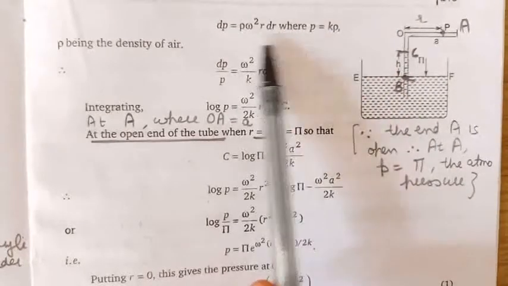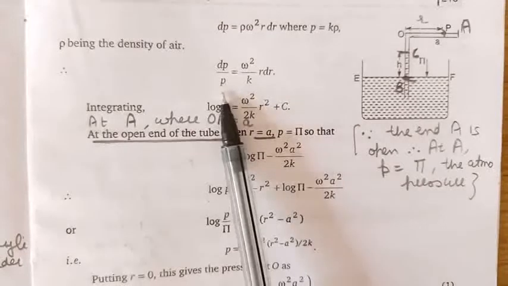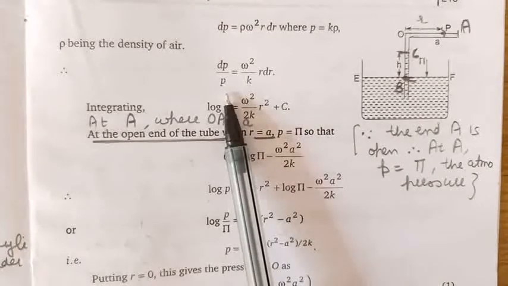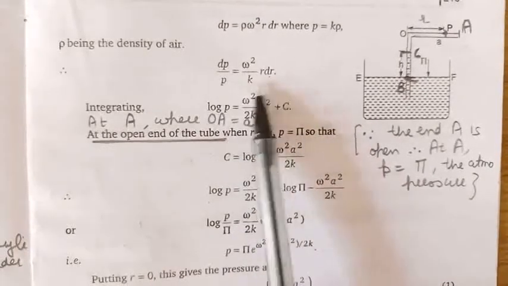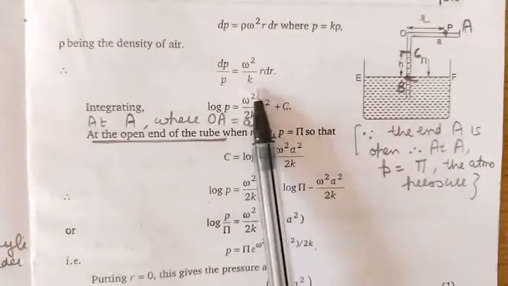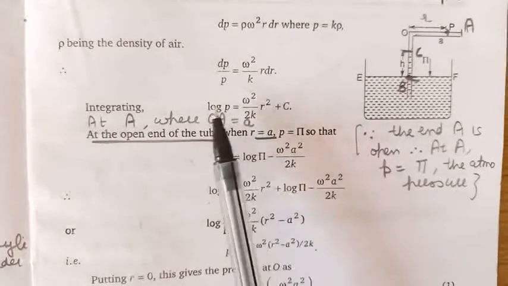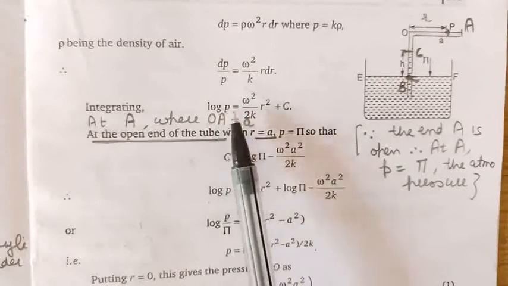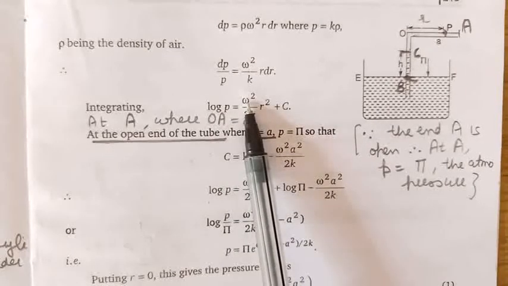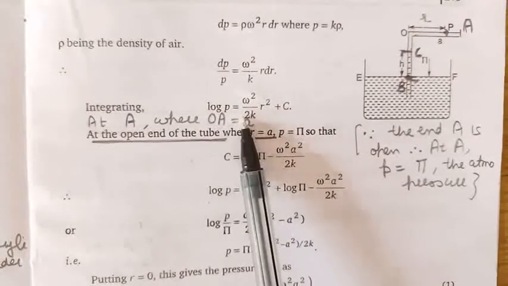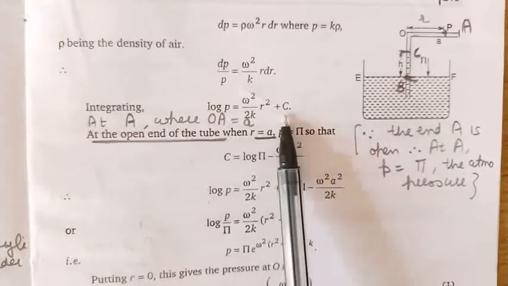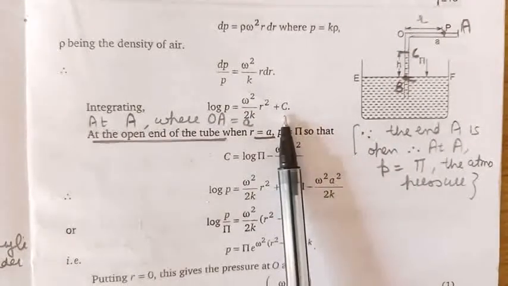So dividing these two equations, we get the value of dP upon P, which is omega square r dr by K. Integrating both sides, we get the value of log P is equal to omega square, integration of r is r square by 2, upon K. This K is constant. C is the constant of integration.